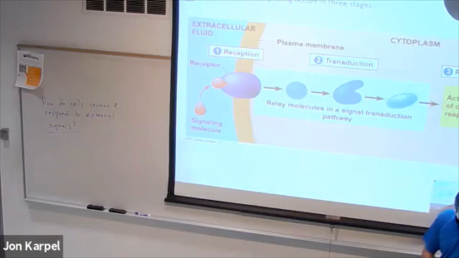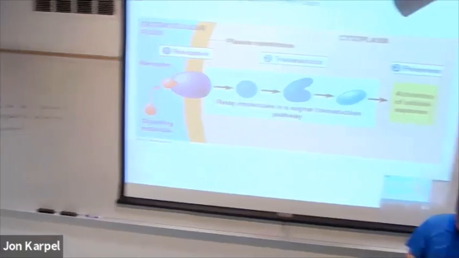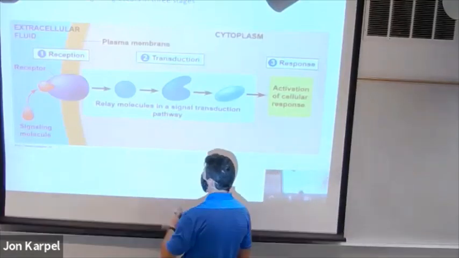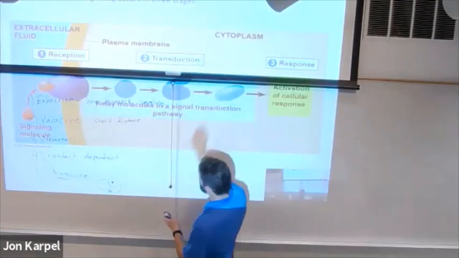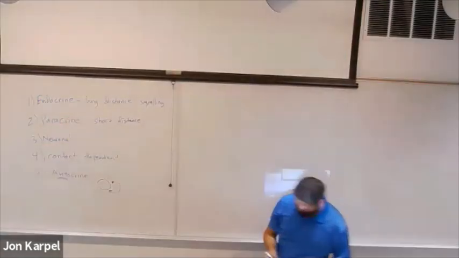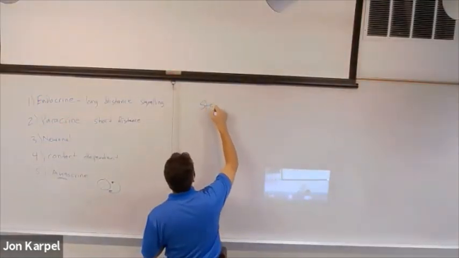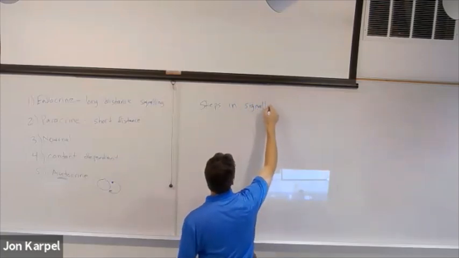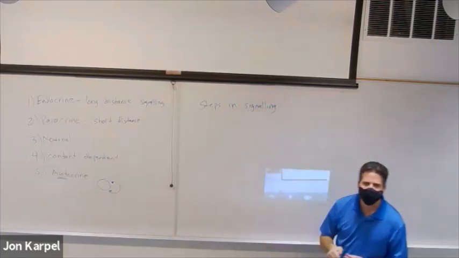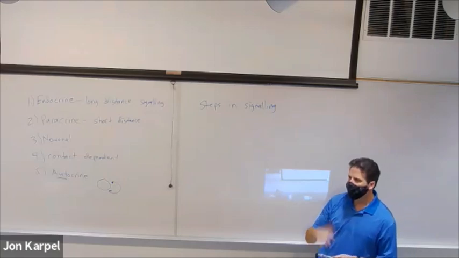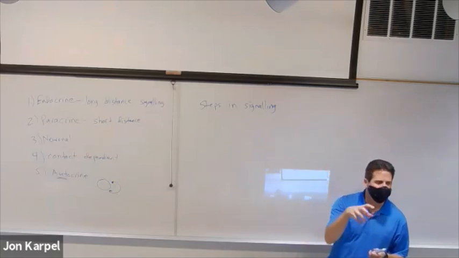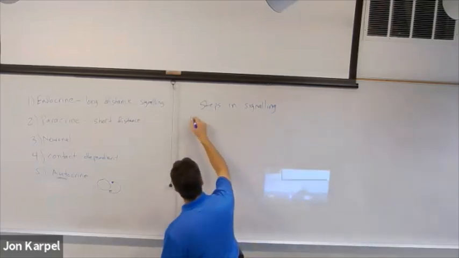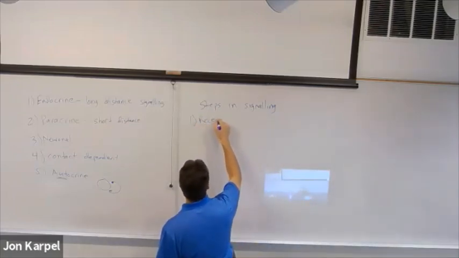Okay, let's look at the steps of signaling. First one is reception. Well, that's kind of important, isn't it? Do you want the pathway to just start whenever it wants to? No. So a pathway to turn on should always start with binding of the signal. So the first step is reception.